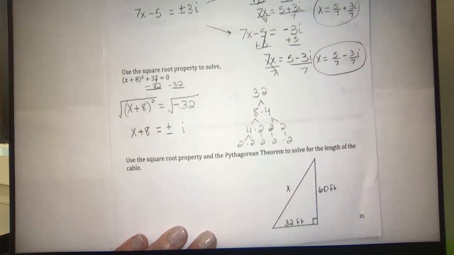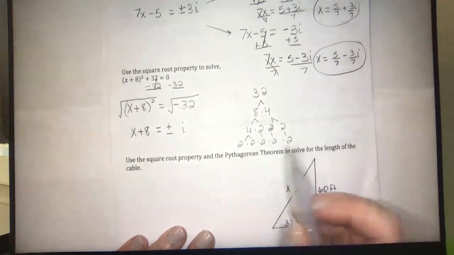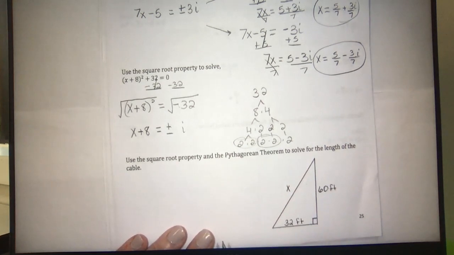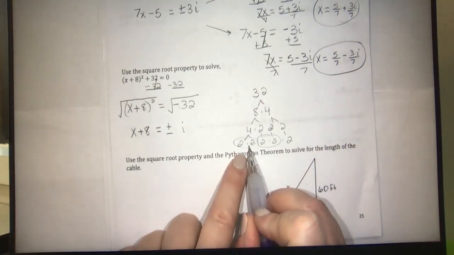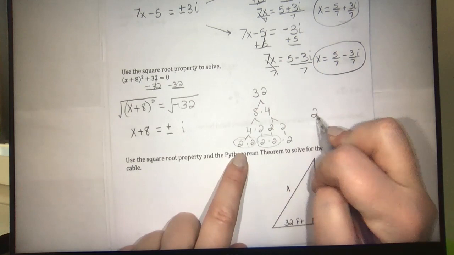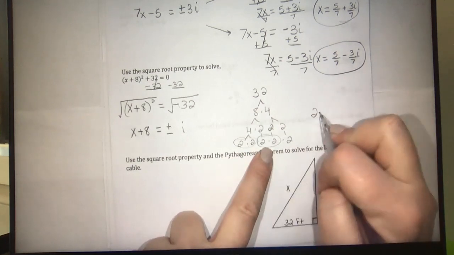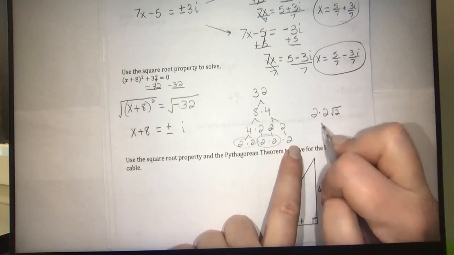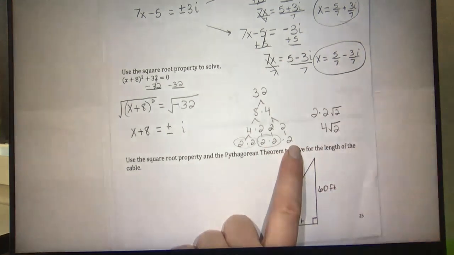All right, we broke it down. My index is 2, so I'm looking to circle groups of 2 numbers. Here's a group. Here's a group. If I pull this 2 out, if I pull this 2 out, who's left under the radical? That little guy in the back. So the square root of 32 is actually 4 root 2.